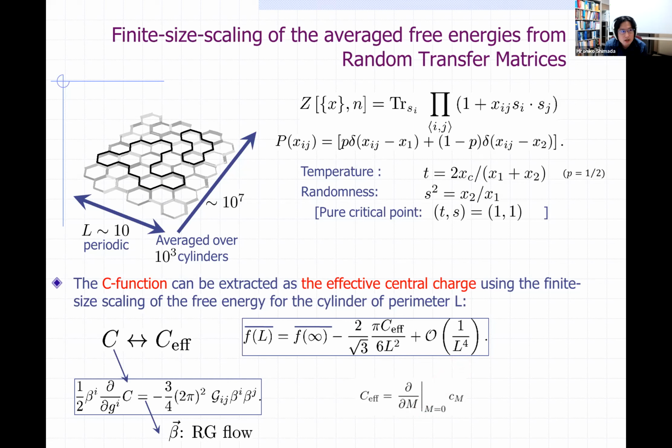Okay, well, in this disordered O(N) model, for instance, we actually have finite size corrections that we can measure.